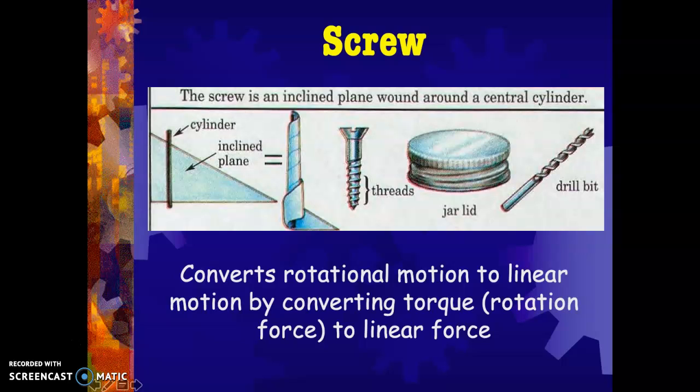So you turn the screw and it goes straight down into whatever you're screwing it into. If you're using a drill bit, you push the drill bit in a straight line, it spins or torques. We have rotational motion that allows the drill bit to go in a straight line. So again, we're just simply converting rotational motion to linear motion.